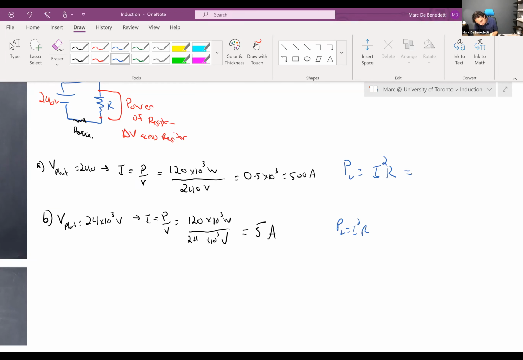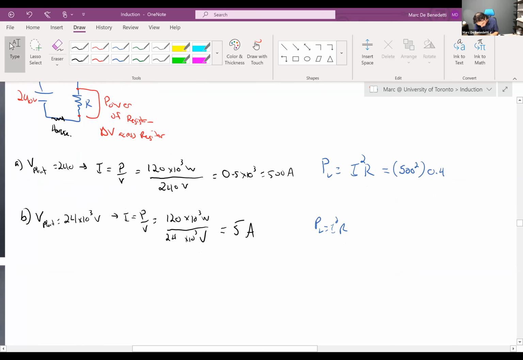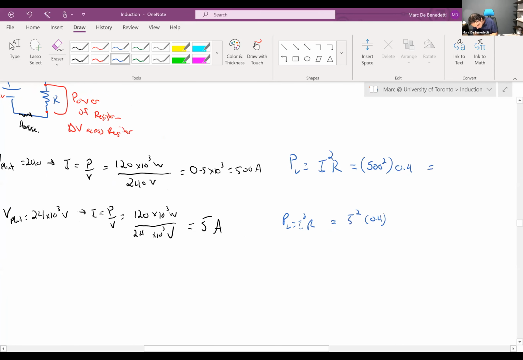So the power loss in the first case is going to be 500 squared times 0.4 ohms, right? That was the resistance. And in this case, it's going to be 5 squared times 0.4 ohms. Now, this is going to be 5 squared times 100 squared times 0.4, versus simply 5 squared times 0.4.